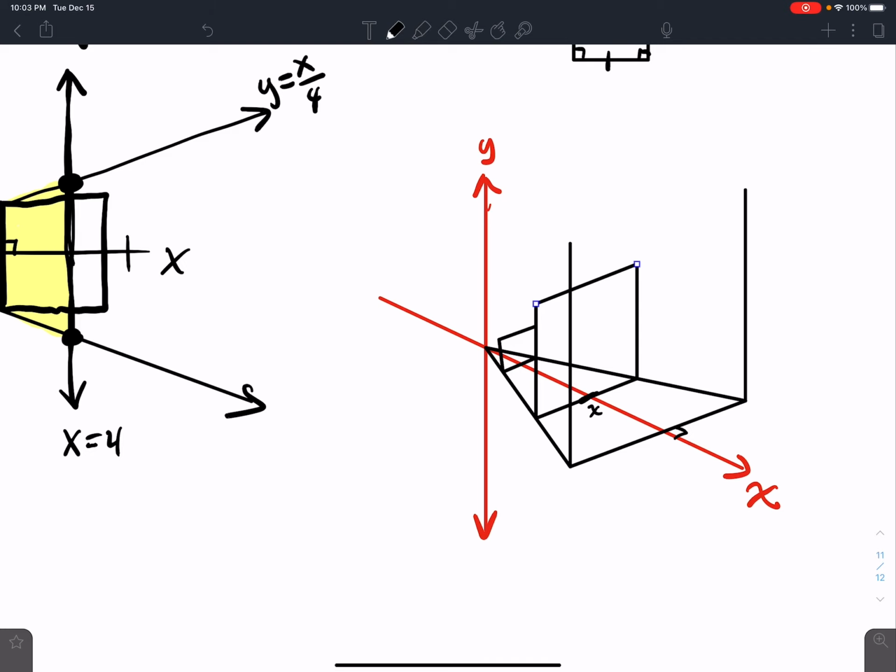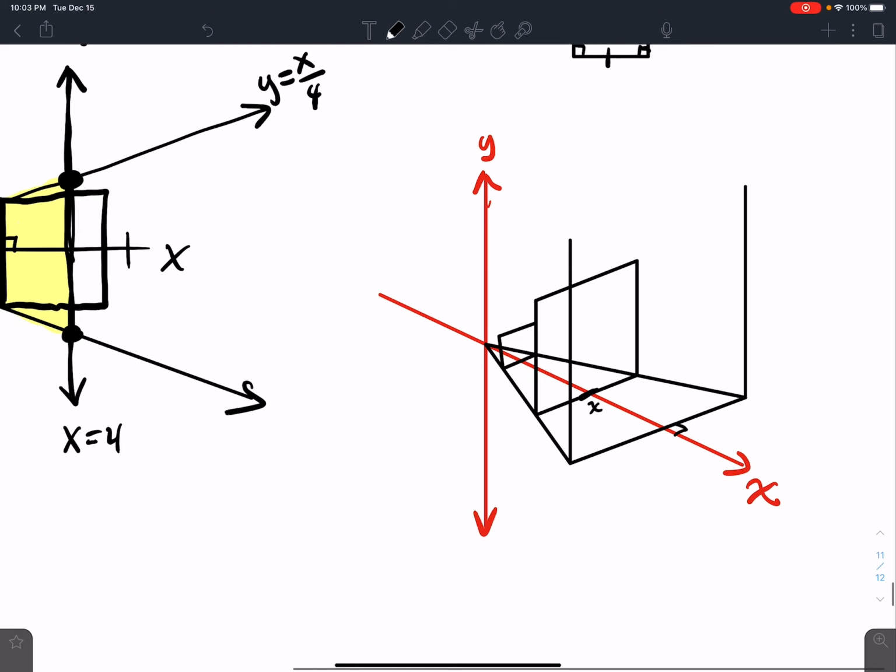We'll see if I can duplicate. So what you can see here, if I drew this perfectly, it would line up exactly like this. Let me see if I can make that work.